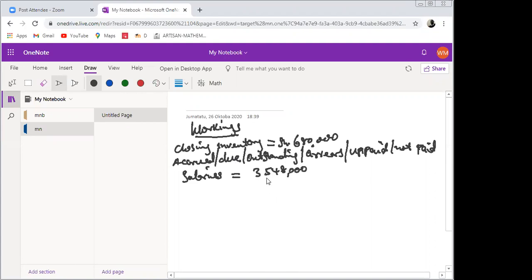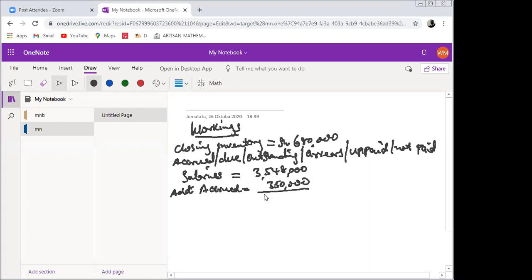Remember, 3,548,000 is what we have paid. And then we have these that we are talking about, accrued. So we normally add now the accrued, which has not been paid. So the amount that was paid plus what was not paid, but it is for this year, so that we can get the amount for the salaries that were supposed to be paid the whole of the year.